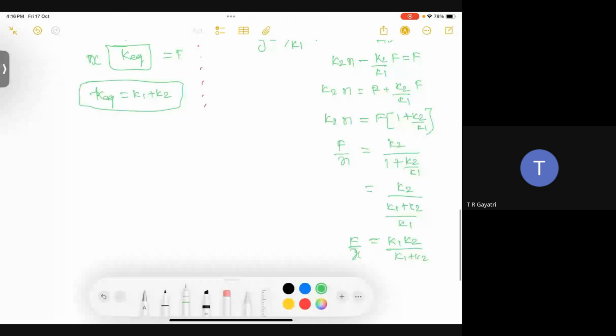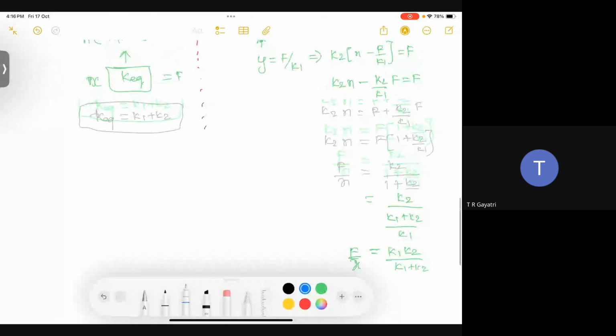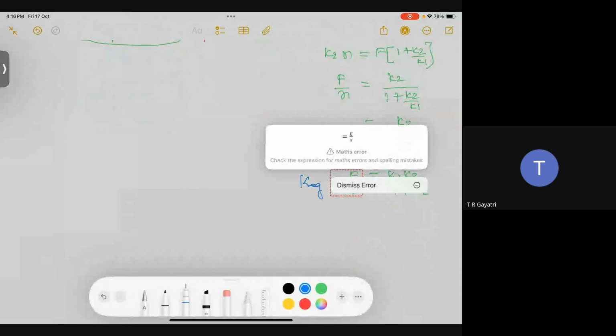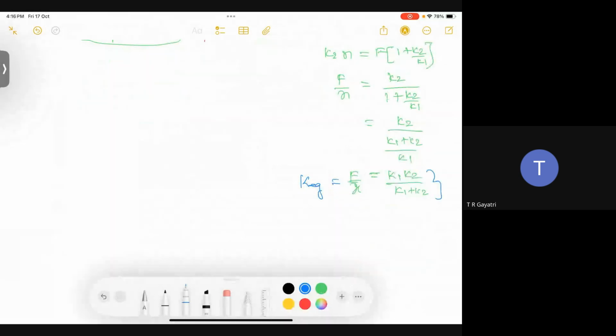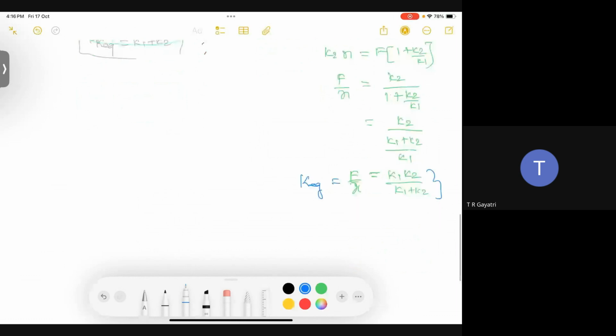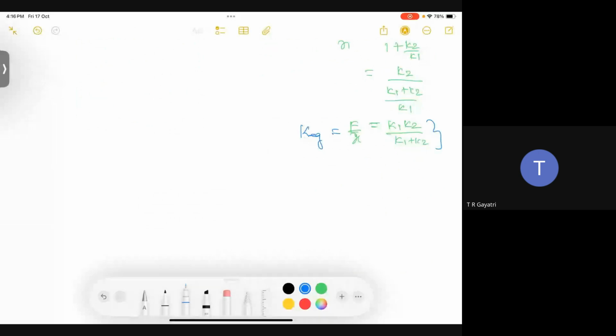So I'm considering F by x as the equivalent spring constant here, because I want to keep all the spring constants on one side and the rest of the parameters on the other side. So whenever two spring constants are connected in series, the equivalent spring constant would be K1 K2 by K1 plus K2.